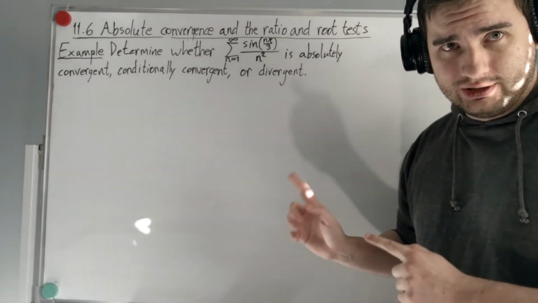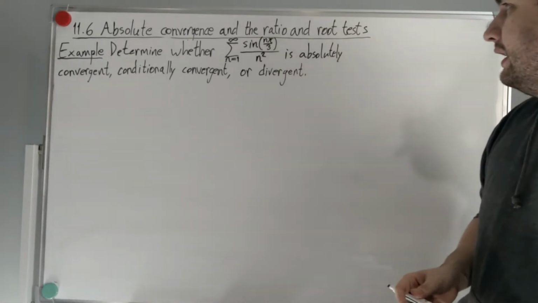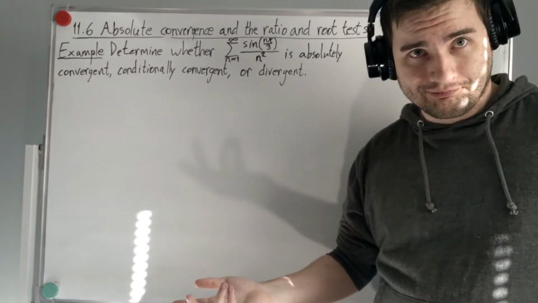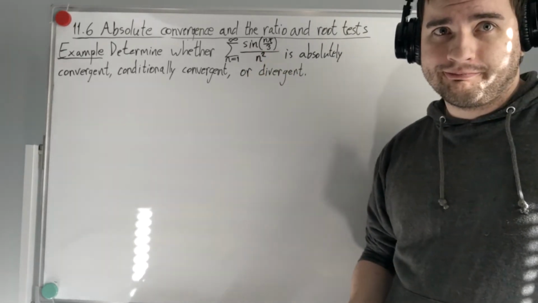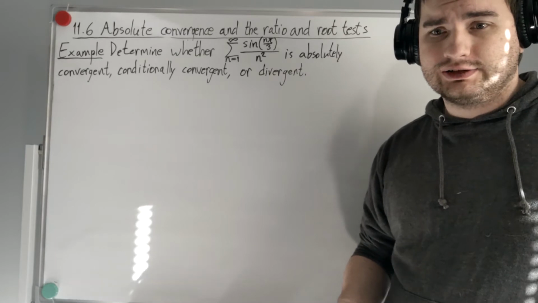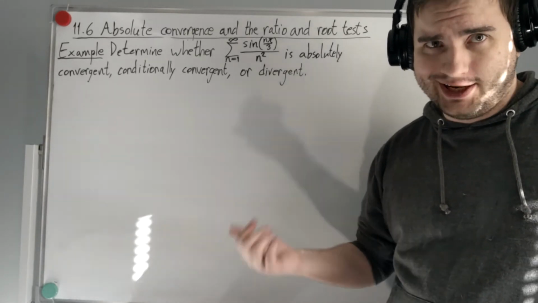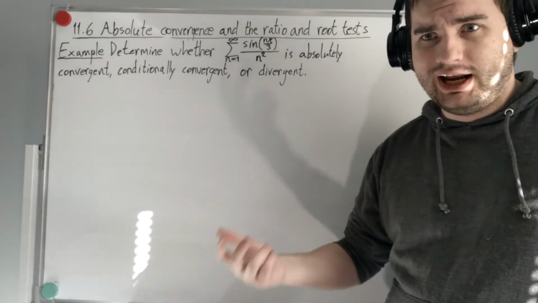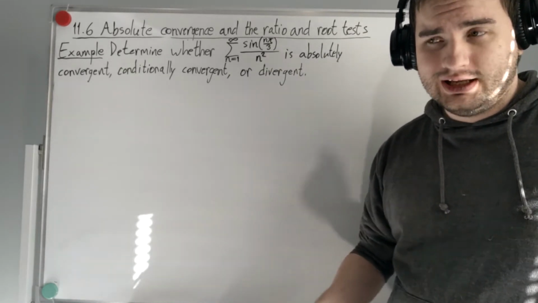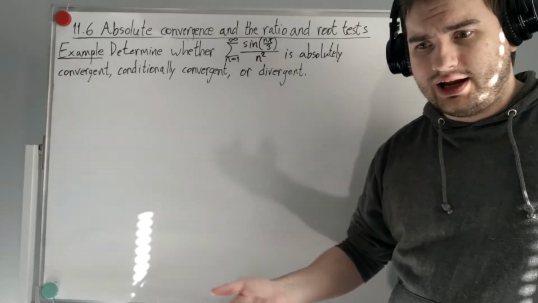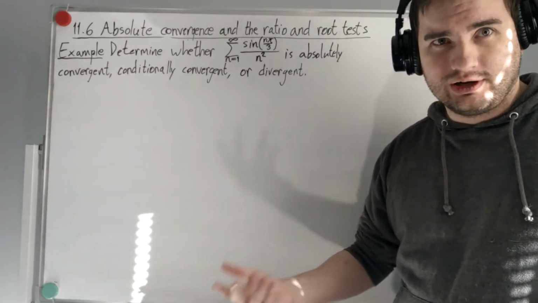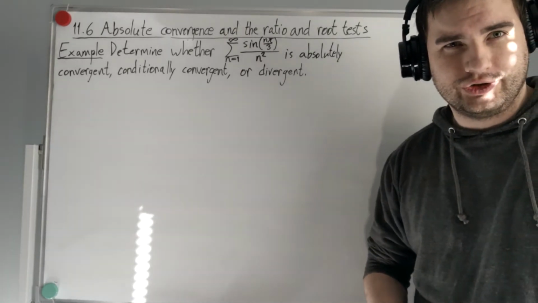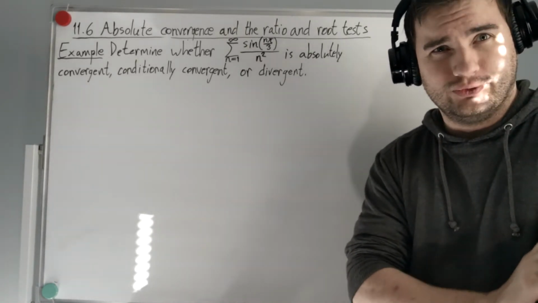It's a lot weirder than an alternating series, because if n is 1 or 2, then this is positive. If n is 4 or 5, it's negative. If n is 7 or 8, it's positive. If n is 10 or 11, it's negative, and so on like that. So it's weirder than an alternating series, so you're not going to be able to use the alternating series test for it.